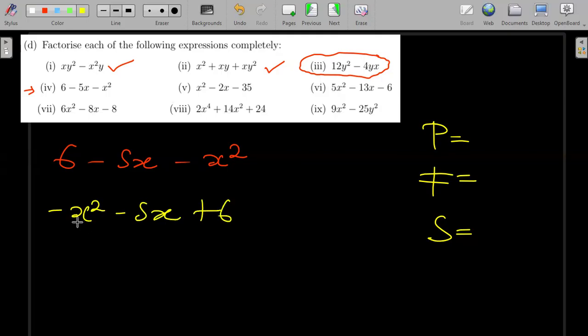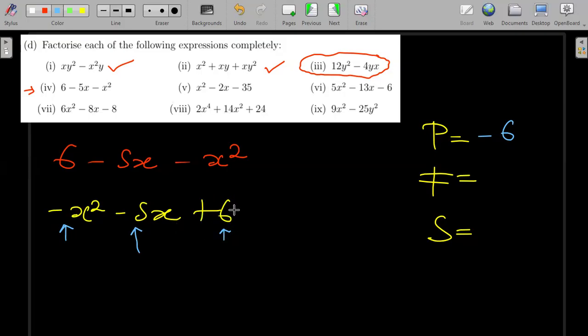So what is the product here? We said the product is the coefficient of x squared multiplied by what? C, or the constant. So it means my product is minus 6. And then what two numbers can I add such that they give me minus 5, but when I multiply them, they're going to give me a 6?